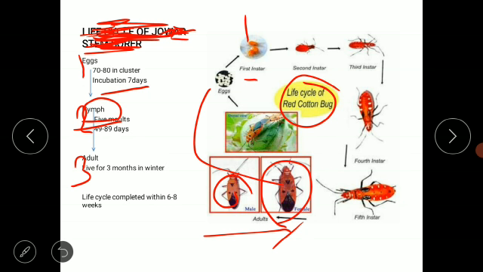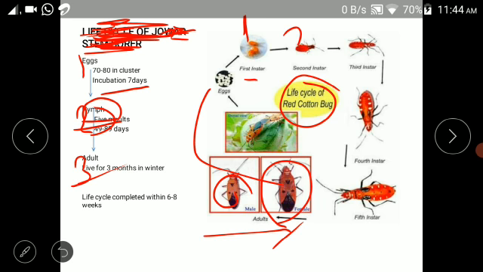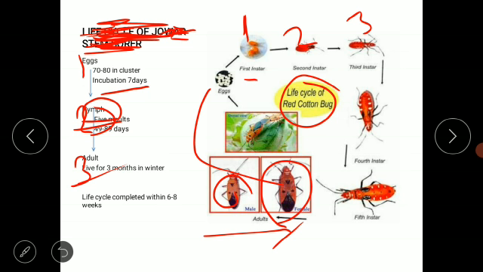So these are the 3 differences between the nymph and the adult. If you carefully observe, this is the first instar, this is the second instar, this is the third nymphal instar, fourth nymphal instar, and this is the fifth nymphal instar.